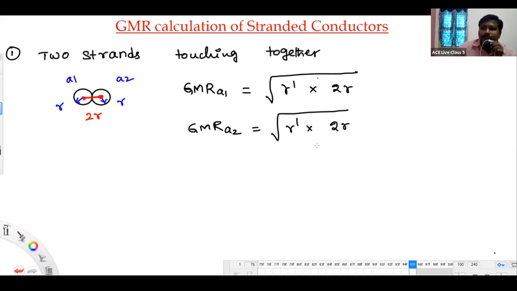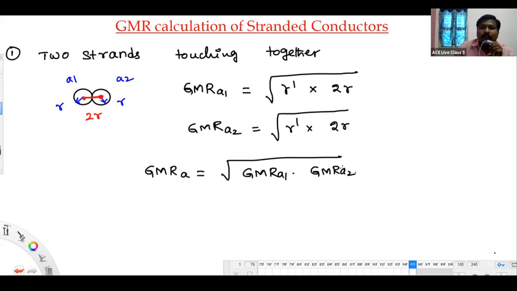So after getting these two, the GMR of the stranded conductor is nothing but the square root of GMR of strand A1 times GMR of strand A2. As both strands have equal GMRs, the GMR of the stranded conductor is nothing but the GMR of any one of the strands.